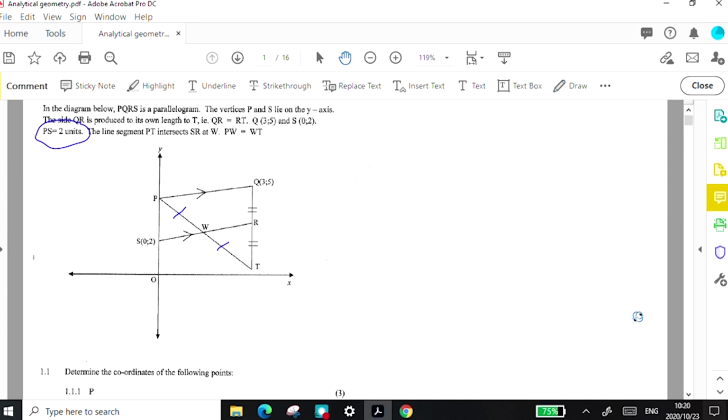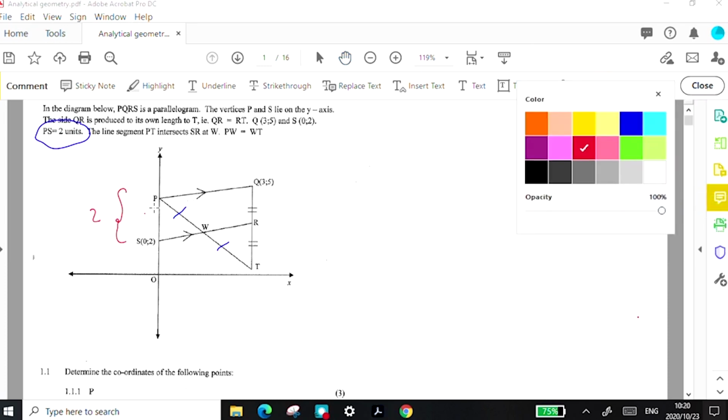So to find P, all you need to do is add the distance OS and the distance SP.